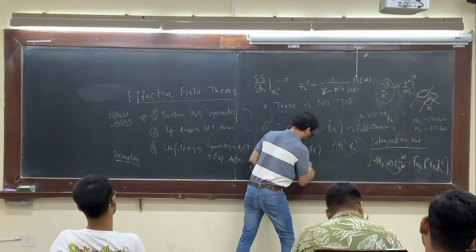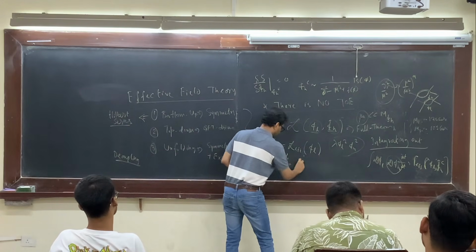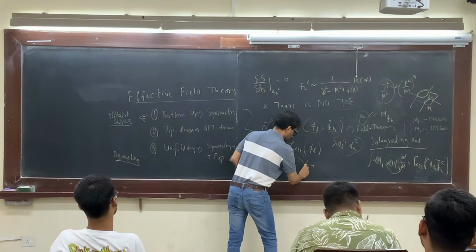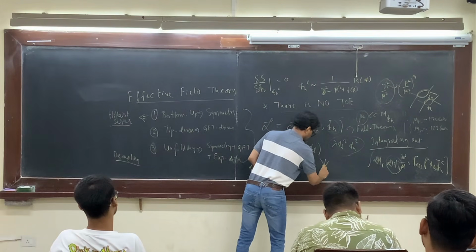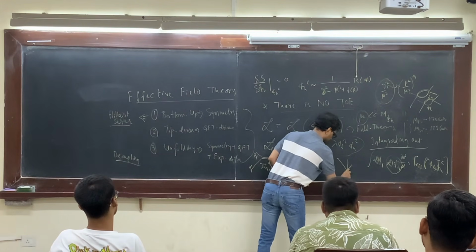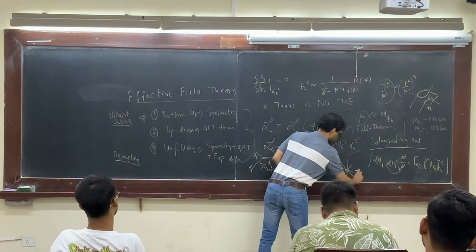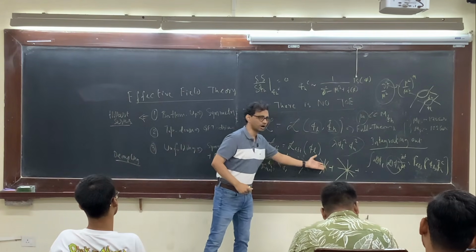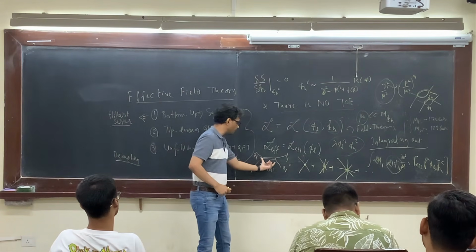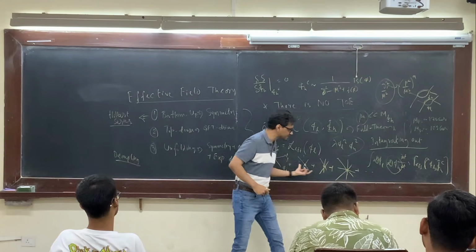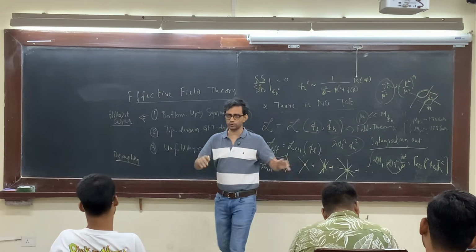diagrammatically what am I doing? I am actually generating these operators. Right? Because all are basically local operators. So this non-local operator is reduced in terms of an infinite set of local operators of different mass dimension. That's what you are doing.